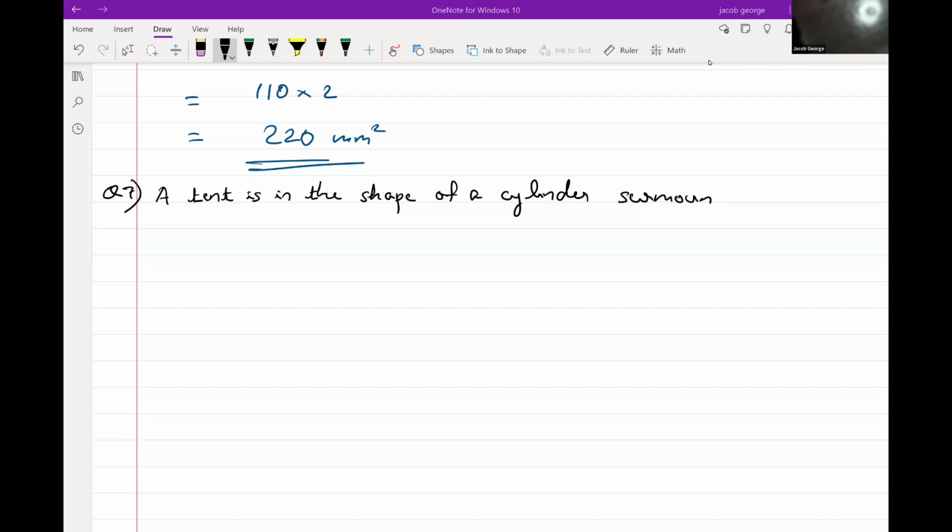Number 7 of exercise 13.1. A tent is in the shape of a cylinder surmounted by a conical top.